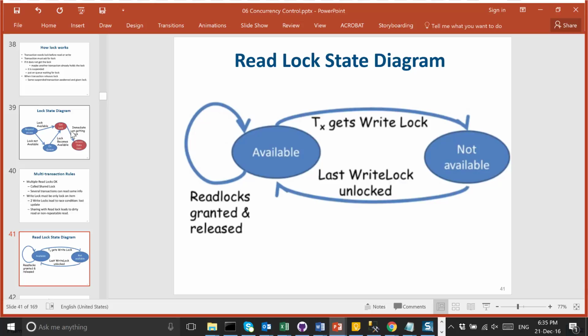Now, if a transaction gets a write lock, then the shared lock will not be available until the transaction finishes with the writing, and then the lock will become available. All it means is that an exclusive lock will prevent others from reading the item that is being exclusively locked.